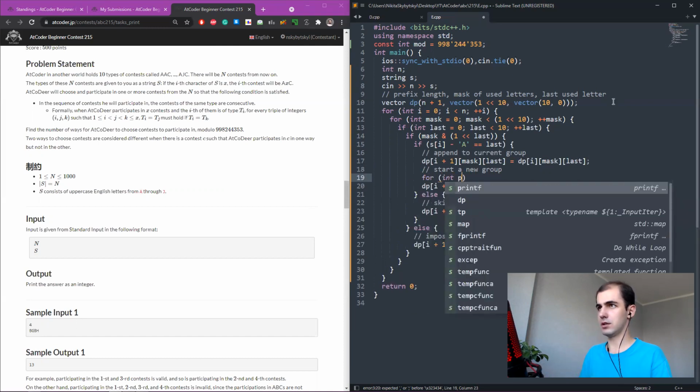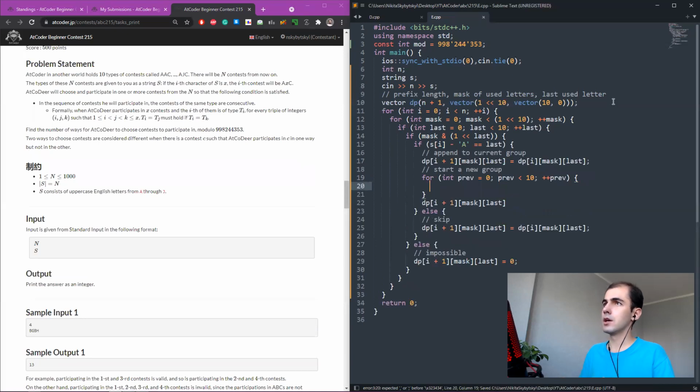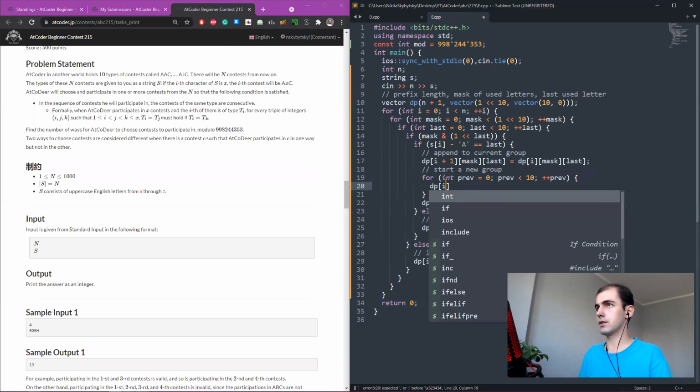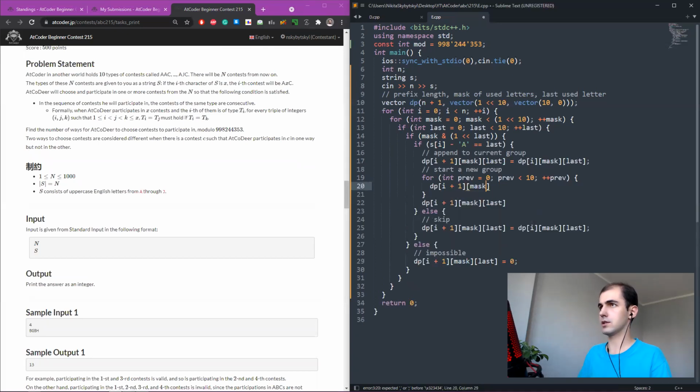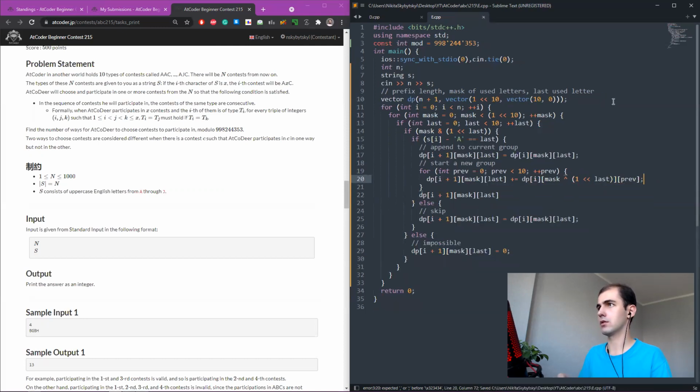Oh, that is getting bad, but we may try to loop over what was the previous character. And then we say that dp at i+1, mask, last plus equals dp at i, mask where last is turned off and which ends at previous.